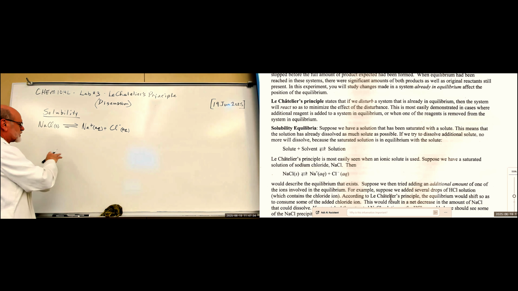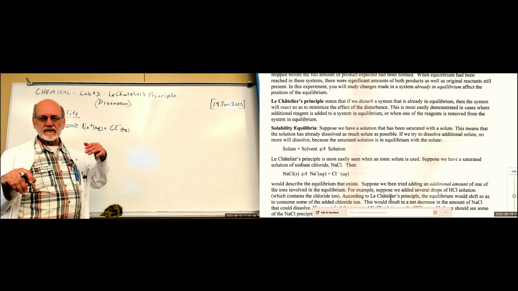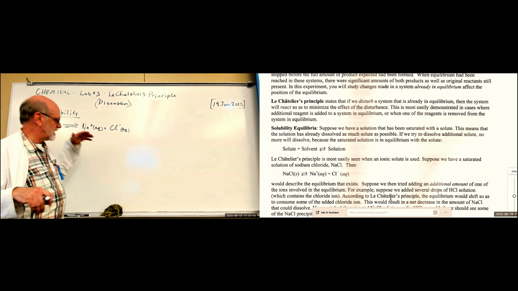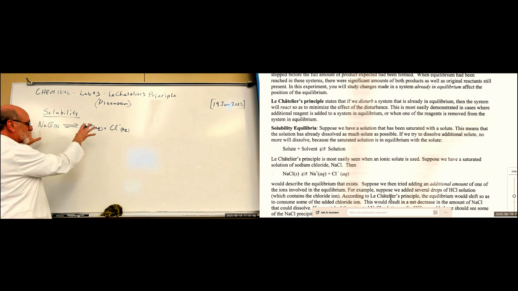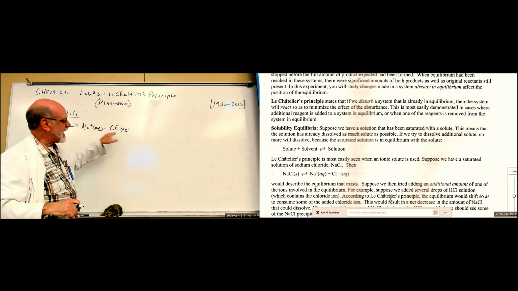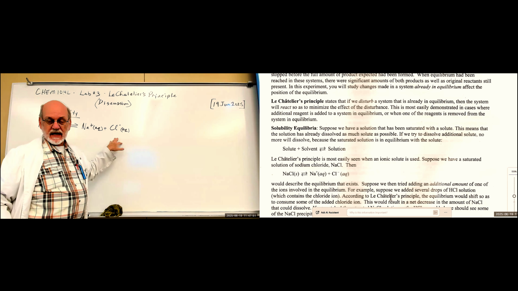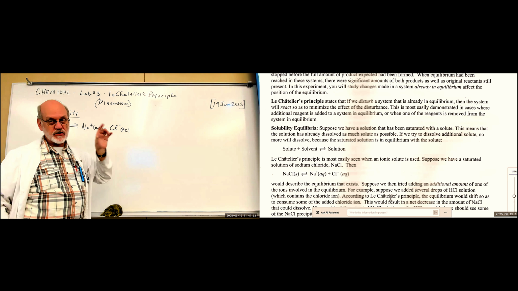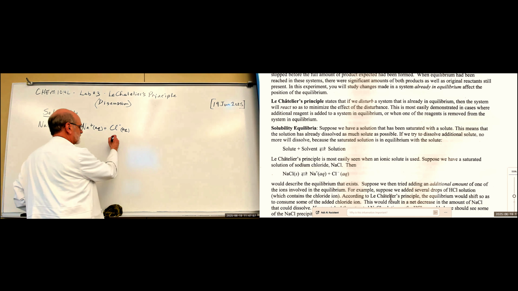Okay, so what we're going to do to illustrate this equilibrium situation is, once it is in equilibrium, what if we add chloride ions? And remember, this is concentration, not just adding the ions, but increasing the concentration, right?